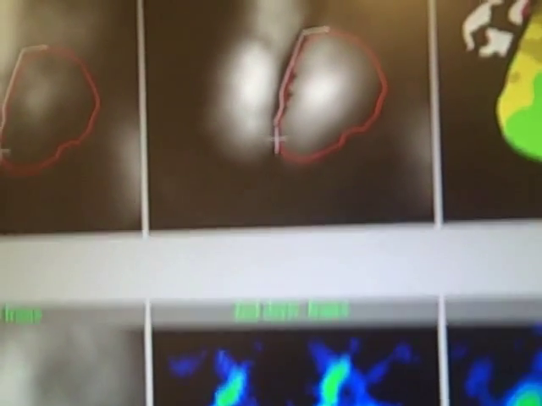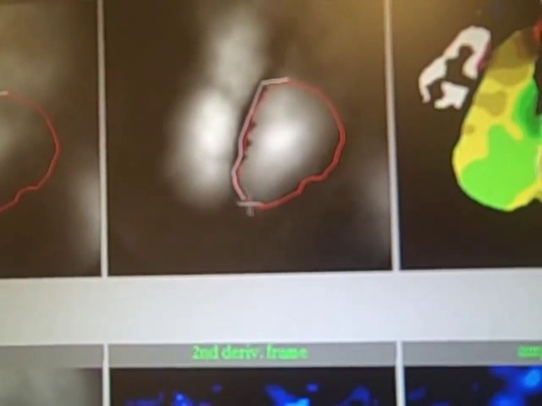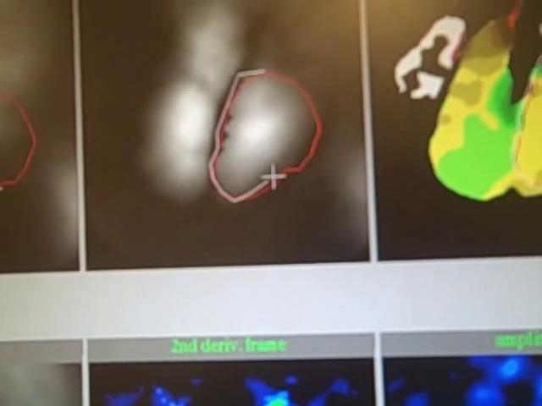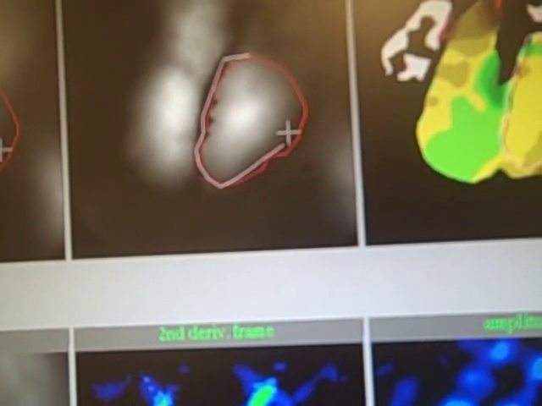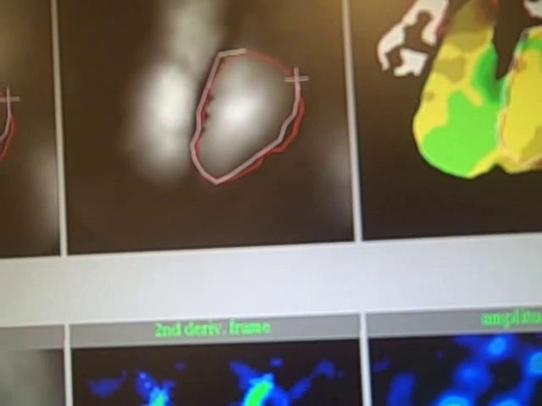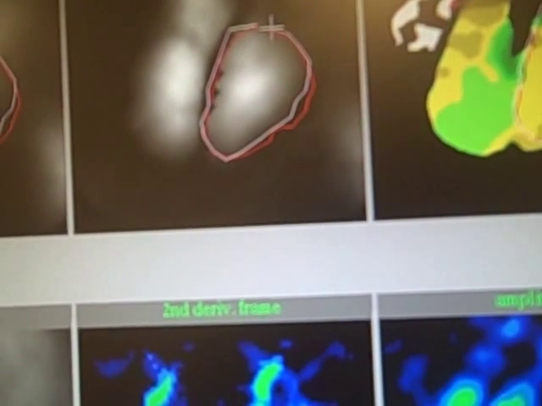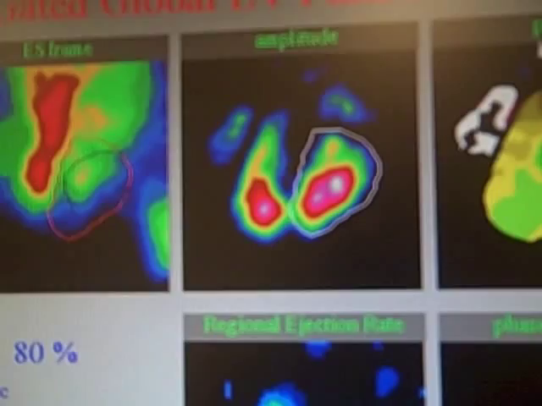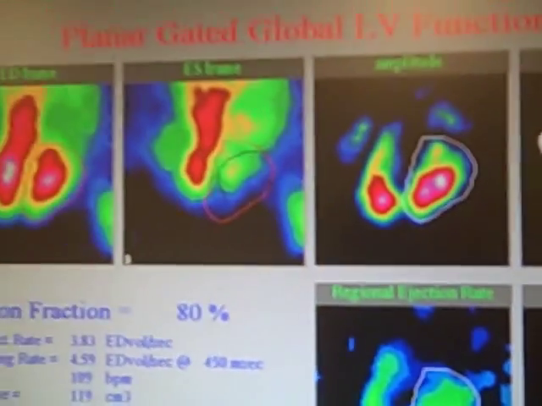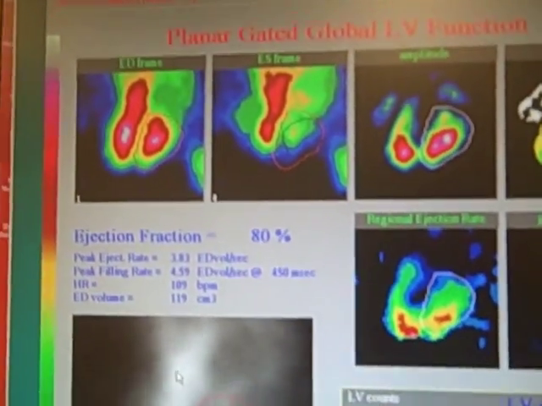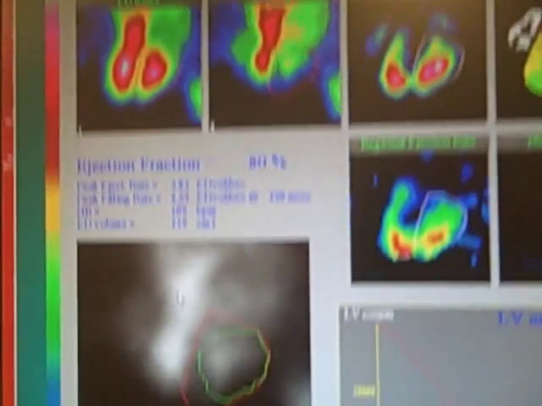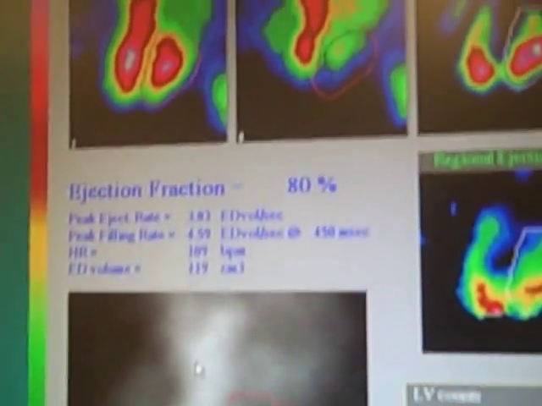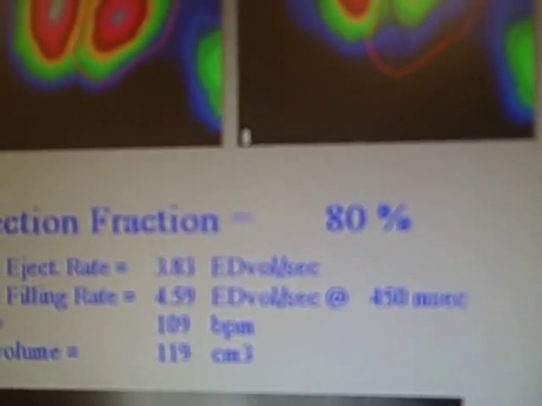You have to click in a particular way with this computer, trying to keep as close as you can, but you don't want to get into the ventricle itself. And then I'll hit the mouse on this one to make sure that it accepts it. It'll draw it all the way through. Now that I have redone the ED, you can see the ejection fraction is 80%.